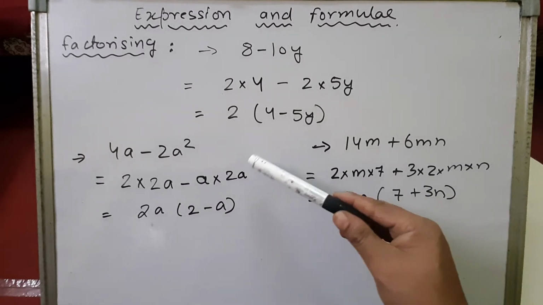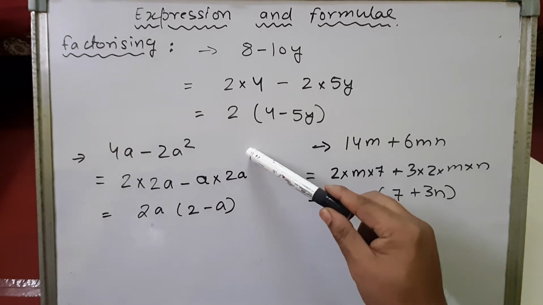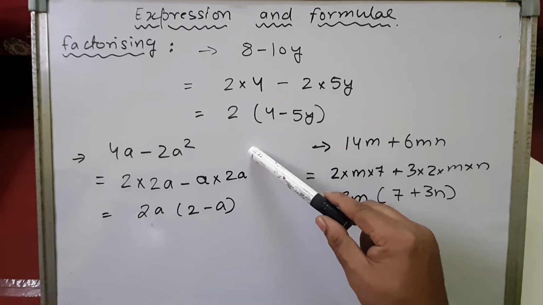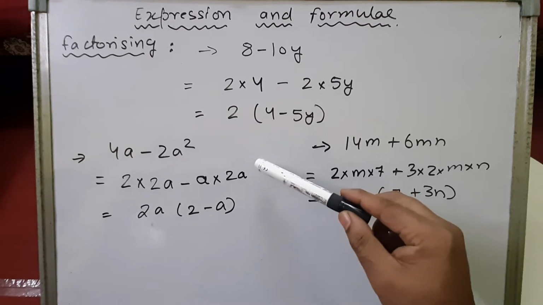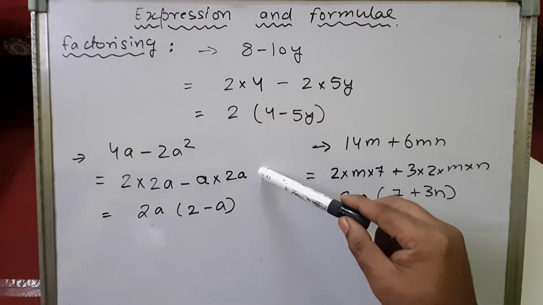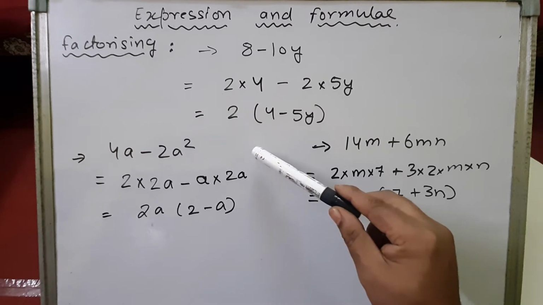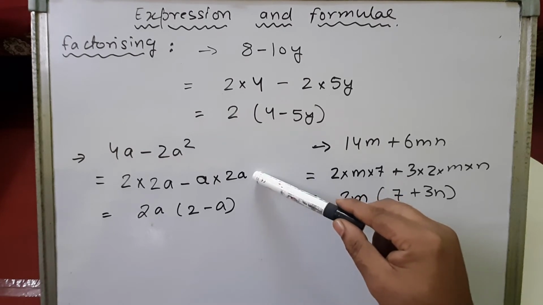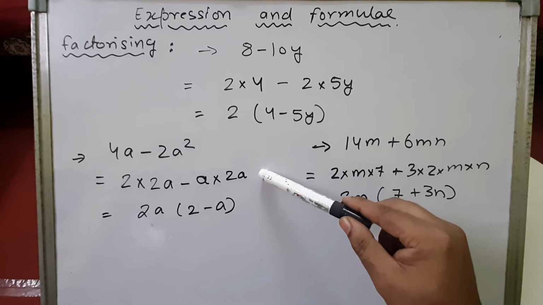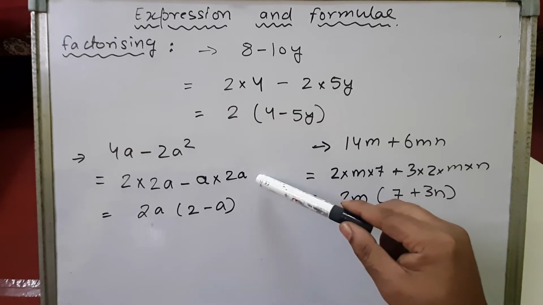In the next sum, we have to factorize 4a minus 2a square, right? When we expand 4a, we get 2 into 2 into a. And when we factorize 2a square, we get 2 into a into a. Now what is the HCF here? You can see the common term which is multiplied in both the terms is 2a.